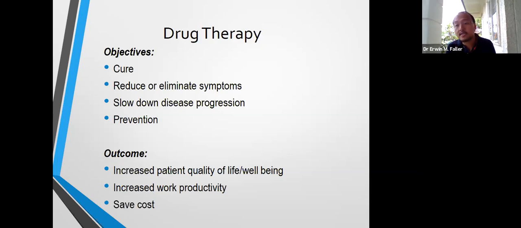And of course, the most important one also is that they are able to save on cost, especially in terms of the length of stay in the hospital, the complexity of drug medications, and polypharmacy, which we may assess for whether it is really appropriate or not in terms of the treatment.